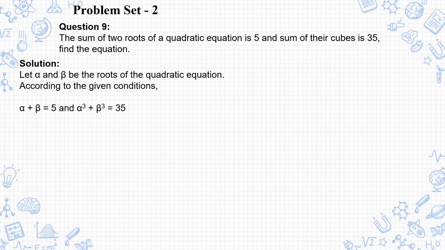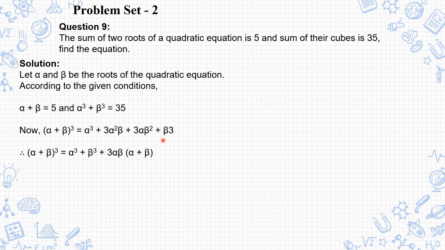alpha plus beta, sum of roots, is equal to 5, and alpha cube plus beta cube, that is sum of their cubes, is 35. Now let us use the formula (alpha plus beta) the whole bracket cube. So that is alpha cube plus 3 alpha square beta plus 3 alpha beta square plus beta cube.